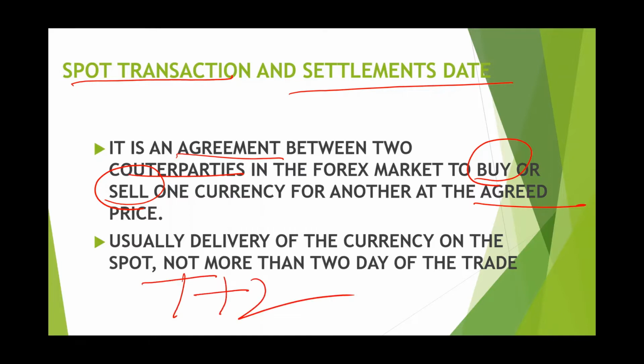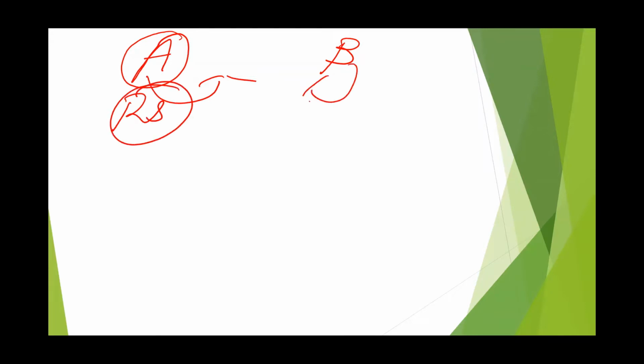Let's take an example and understand the spot transaction and the settlement date. Assume two parties A and B entering into a contract where A is giving rupees whereas B is giving dollars. Since A wants to buy $1, now the question is how much A needs to pay in the form of rupees so that he will get $1.